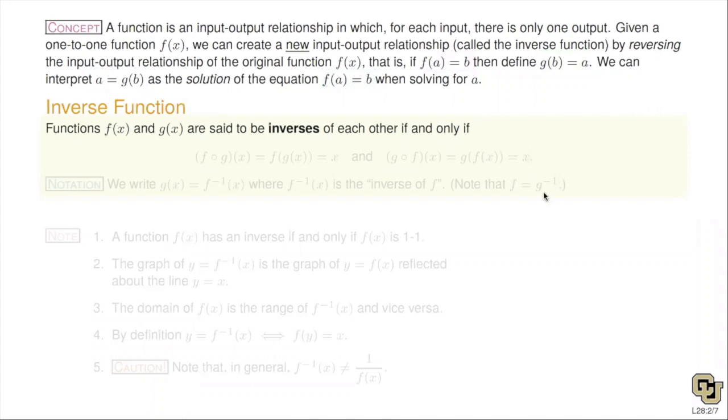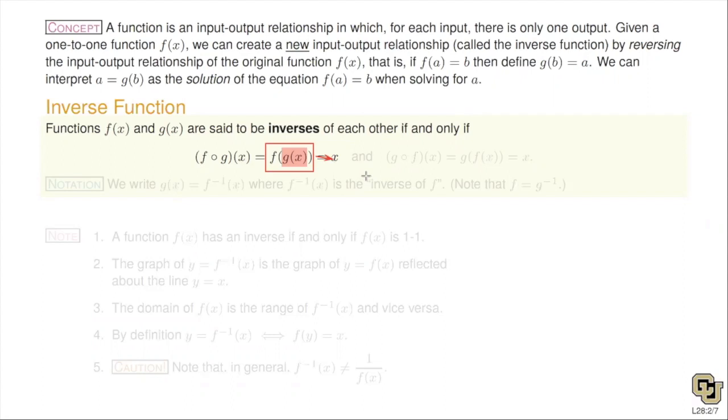So here's the official math definition. We say f and g are inverses of each other if and only if f composed with g equals x. The way I interpret this is the function g does something to x, and now f undoes whatever g did to x, and gives us back the original input x.